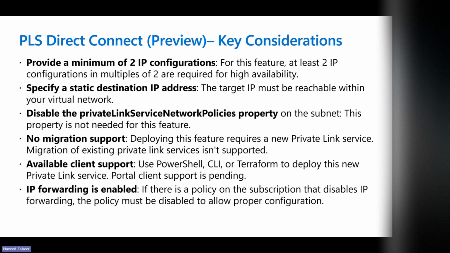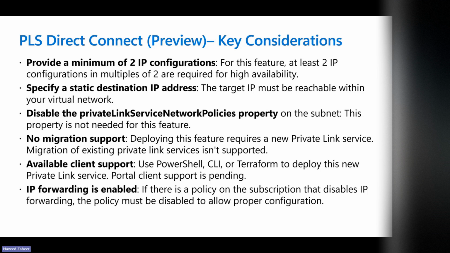Yes. So some of the key considerations. I just want to wrap up since we have only 3 minutes. You need at least two IP configurations. Second, your destination IP, which is the target IP, can be on-prem, or in the same subnet. It has to be static. It cannot be dynamic. You have to disable the network policy. We already talked about it.